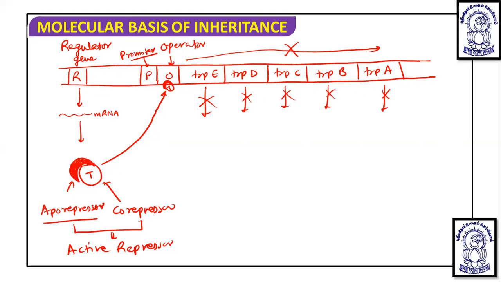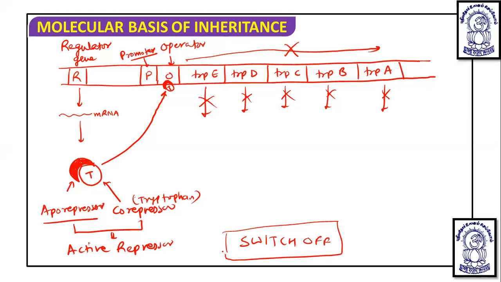So tryptophan itself acts as a co-repressor, converting the inactive repressor into an active repressor, and so its own synthesis is inhibited. So it is a switch off mechanism, made by the tryptophan itself. So it is a type of feedback inhibition.